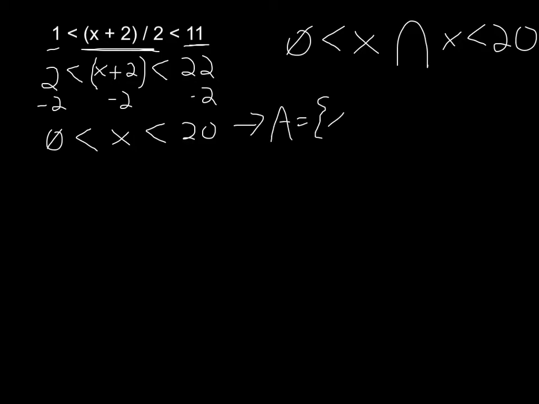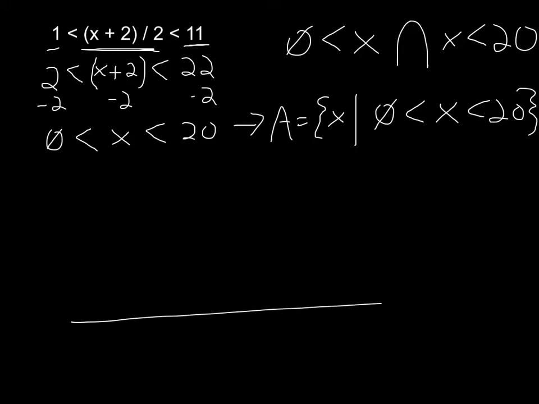A equals x such that 0 is less than x is less than 20. So we've got 4 done already. All we have to do is the number line.